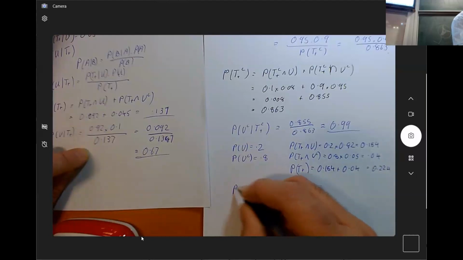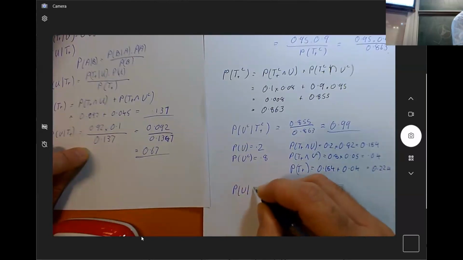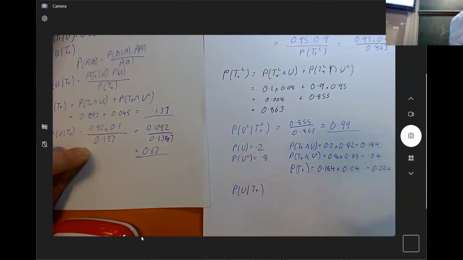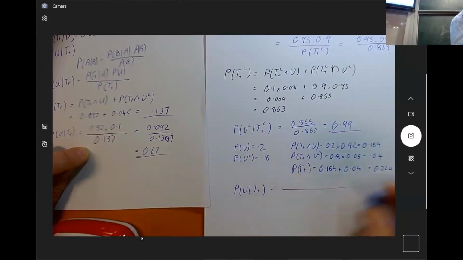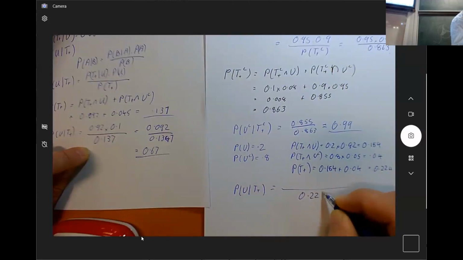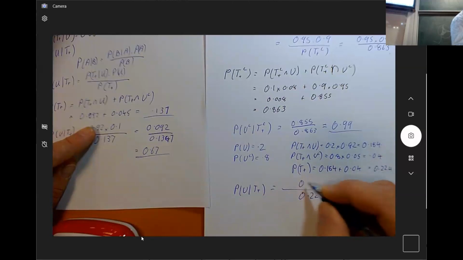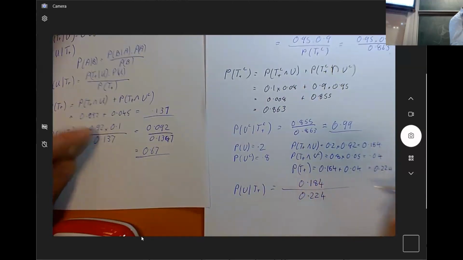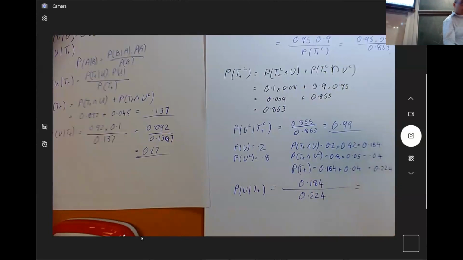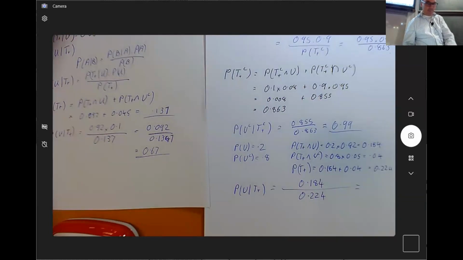So my probability of using, given I tested positive, is equal to 0.184, the numerator, over 0.224, the denominator. So 0.184 divided by 0.224.